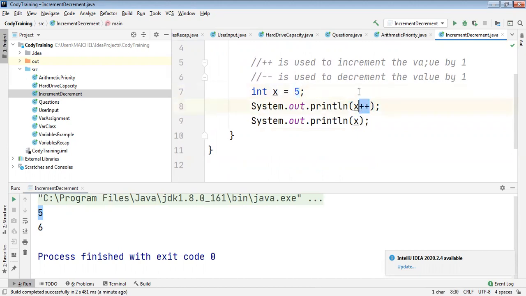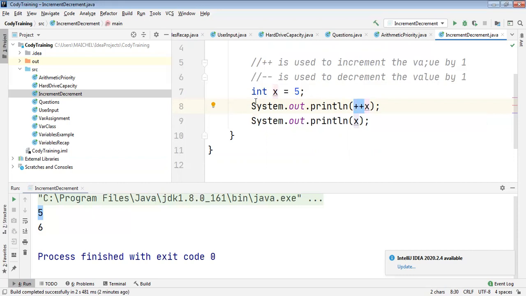But when we put the plus plus sign here before the variable, this makes the increment process get performed first in memory.